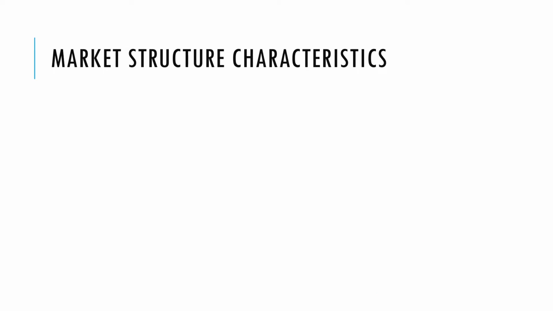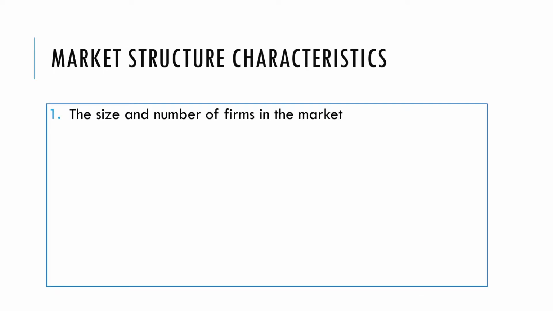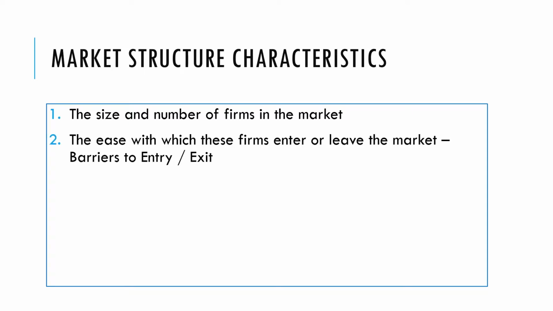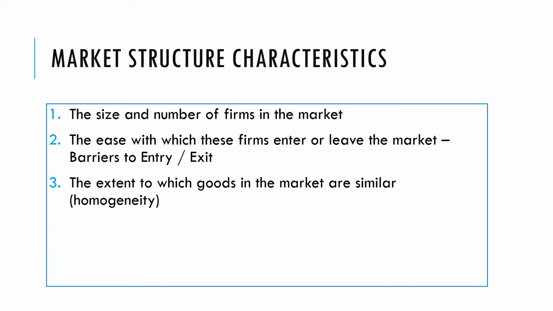So when we're talking about characteristics, we normally focus on 5 different types. First of all, we talk about the size and number of firms in the market. Are there lots of firms? Are they big? Are they small? Then we tend to talk about barriers to entry or exit, and this is effectively how easy it is for firms to enter or leave this market. We also talk about the extent to which the goods in the market are similar or whether they're quite different.